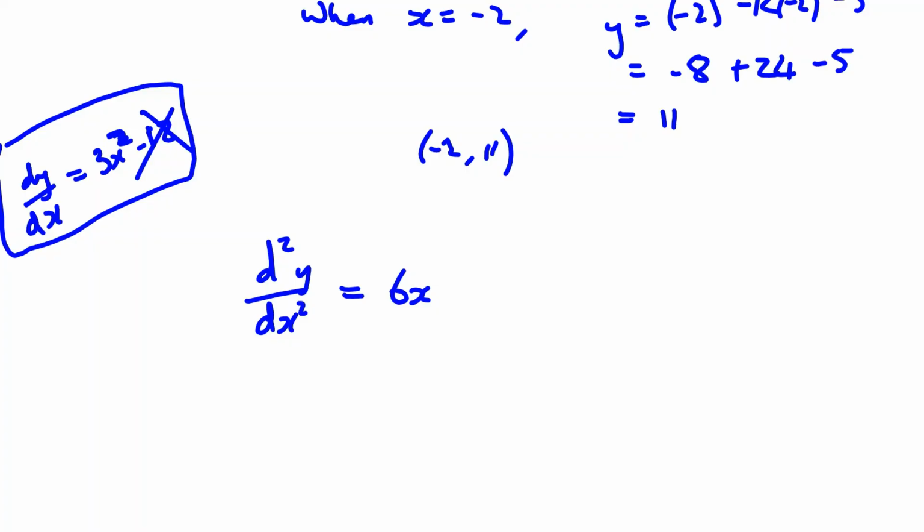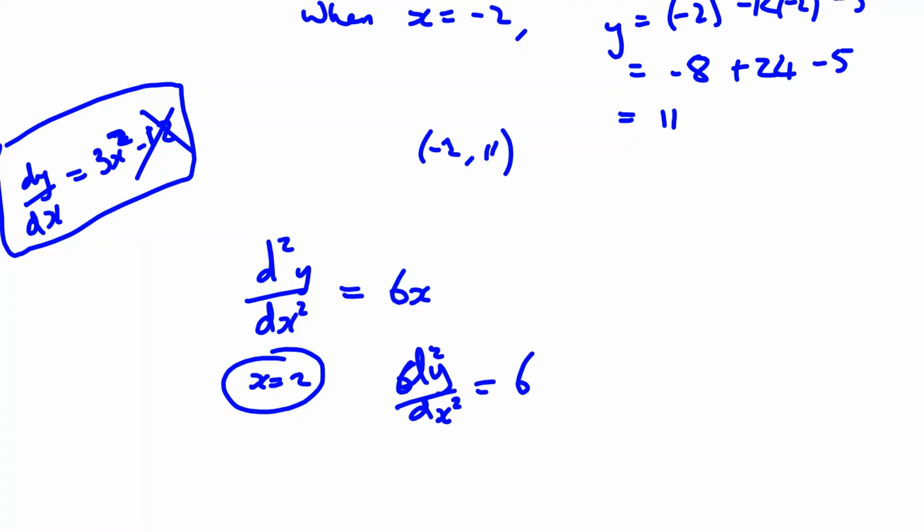So now we've got our d squared y by dx squared. If we substitute in these two x values, so when x is 2, d squared y by dx squared is going to be 6 lots of 2, which is going to give me positive 12.